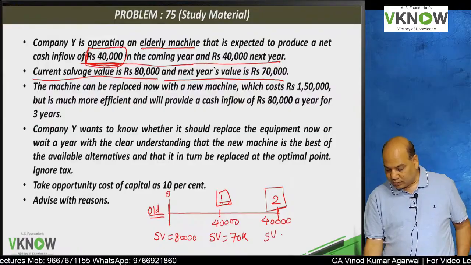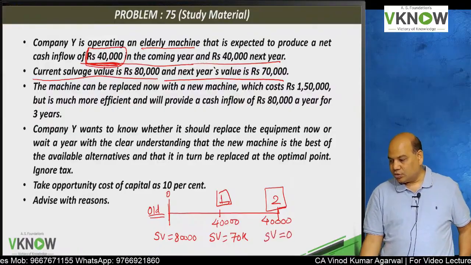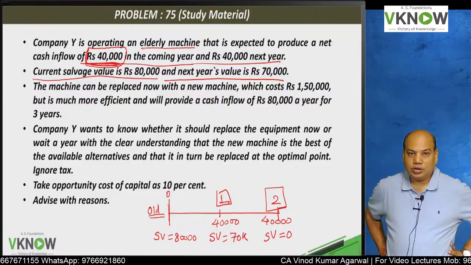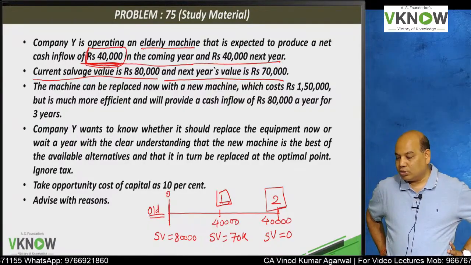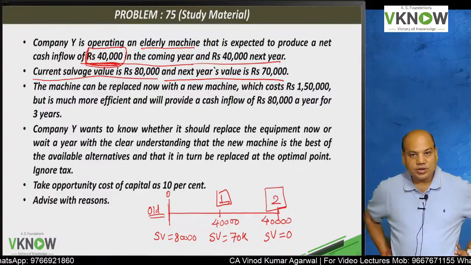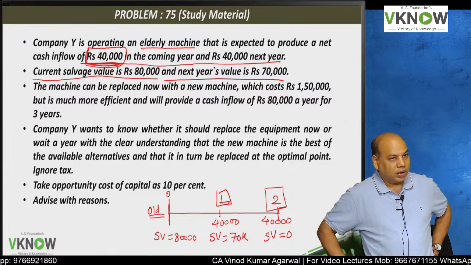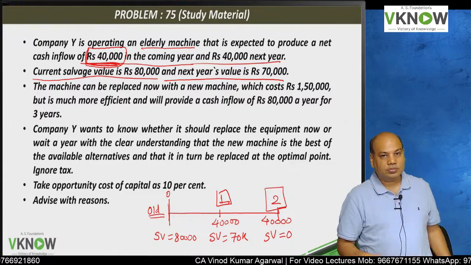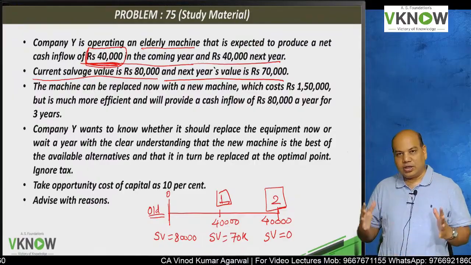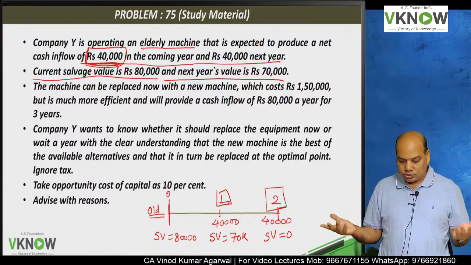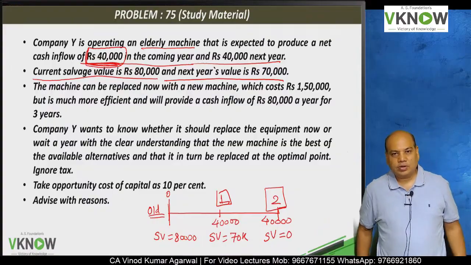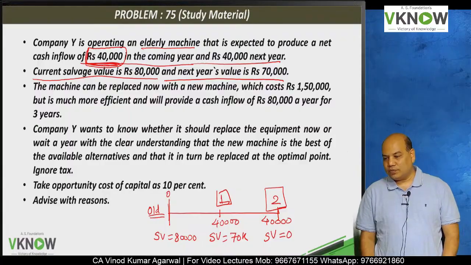If nothing is given, I can assume that scrap value after 2 years is 0. Today you can scrap it for 80,000. After 1 year you can scrap it for 70,000. But after 2 years, the question is silent, so we can assume 0, because usually once the asset's life is over, we assume scrap value is 0 if nothing is given.